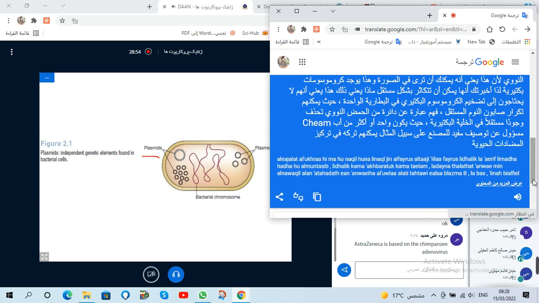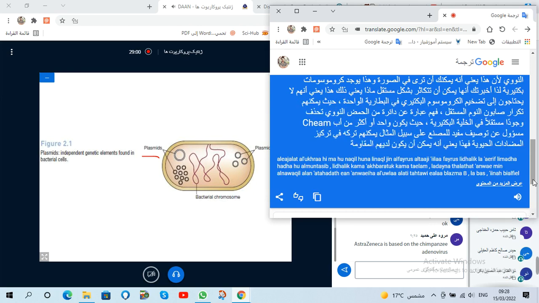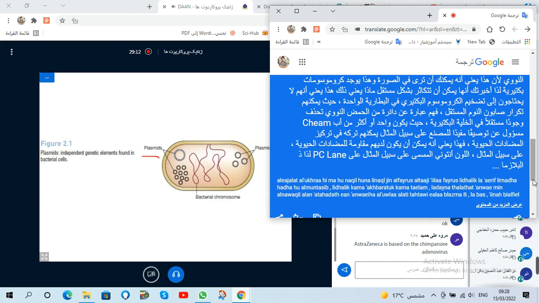It means they can have resistance to antibiotics, for example chloramphenicol, for example ampicillin. So the plasmids may have an antibiotic resistance gene.